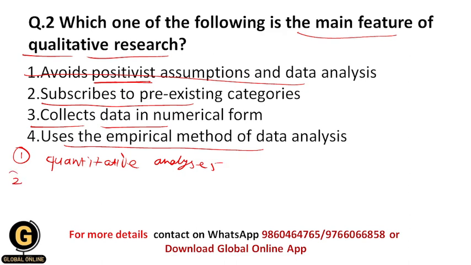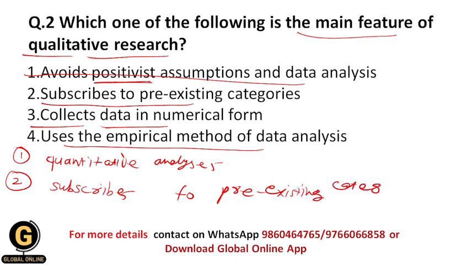Second, the positivistic approach subscribes to pre-existing categories. It means that you already have a hypothesis, and based on that hypothesis you are going to test that hypothesis, and that is the meaning of subscribing to pre-existing categories.